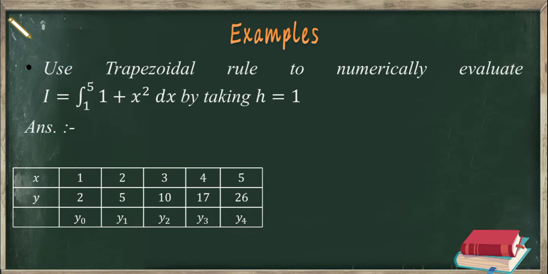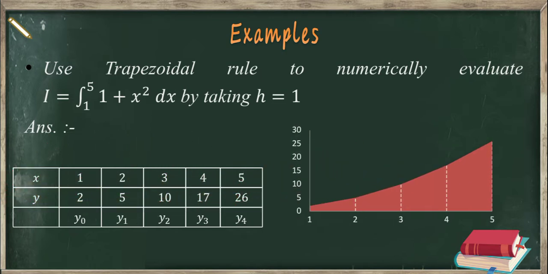Substituting the values of x in our function 1 plus x square, we get the values of y: 2, 5, 10, 17, 26. Here 2 is y0, 5 is y1, 10 is y2, 17 is y3, and 26 is y4.